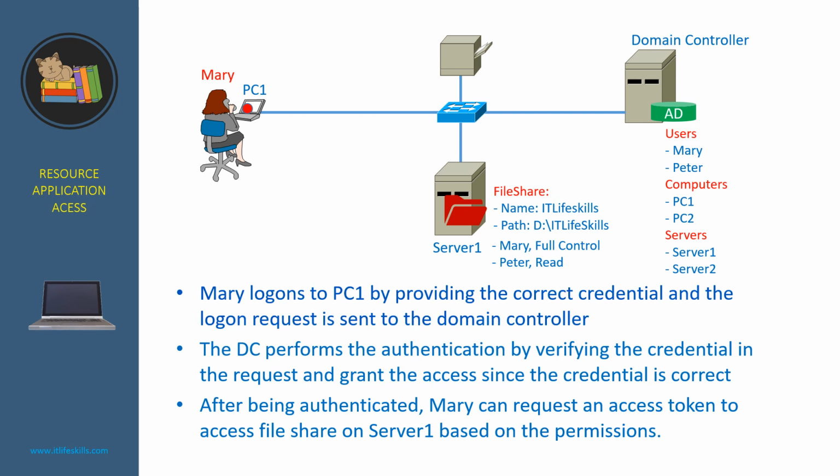This allows Mary to log on to PC 1 by providing the correct credential, and the logon request is sent to the domain controller. The domain controller performs the authentication by verifying the credential in the request, and it finds Mary's account and grants the access since the credential is correct. After being authenticated, Mary can request the access token to access the file share on server 1 based on the permission.